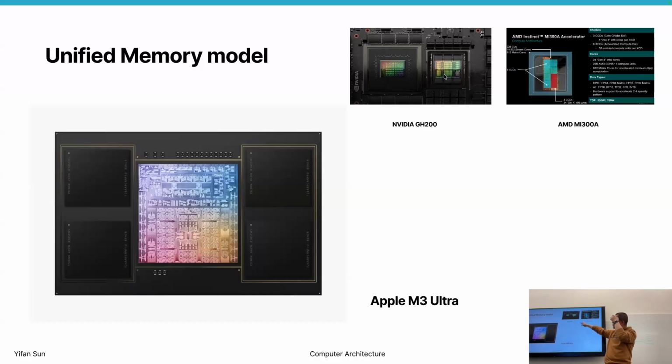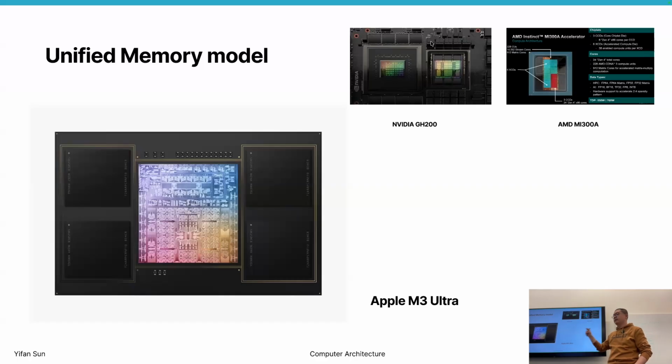On GH200, it probably is more likely to take the first way, because they think the bandwidth and the link between the CPU and GPU are so good that we can just access the data. But I guess there's still migration happening in GH200, because you can see there are still different technologies for the memory. But for Apple and for AMD, it's more likely to be really accessing the destination directly.